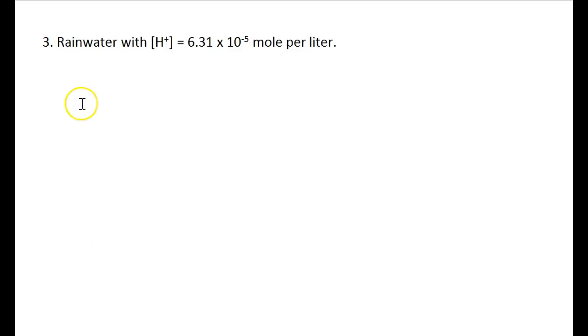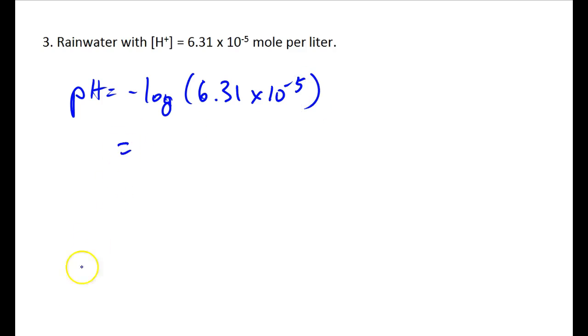And finally, let's check out the pH of some rainwater. So pH is equal to the negative log of 6.31 times 10 to the negative 5.